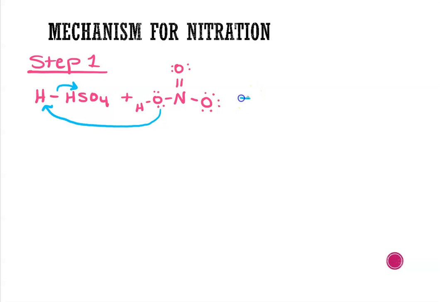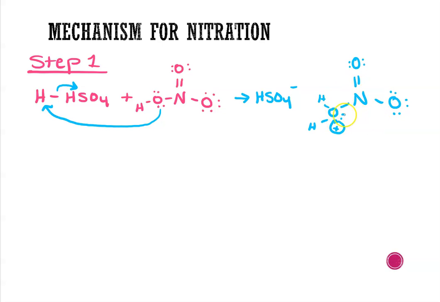So what we end up with, we have this HSO4 minus that's from the catalyst. And then we have this guy right here. So we have a double bond, a single bond O that has two H's coming off of it, and it's only got one lone pair now. When I did this, I ended up with a positive charge over here, which is not great. So we need to get rid of that.